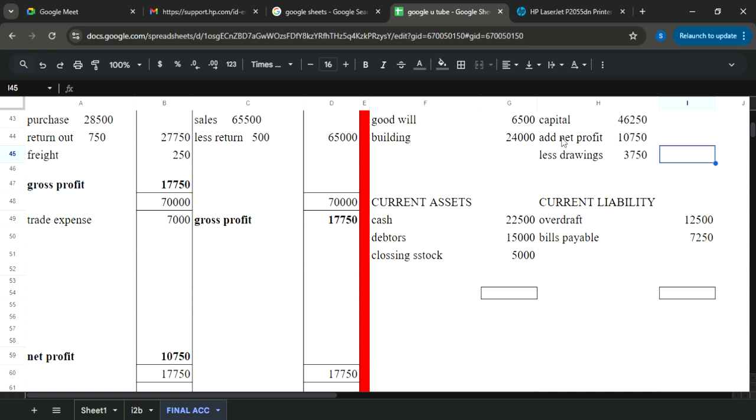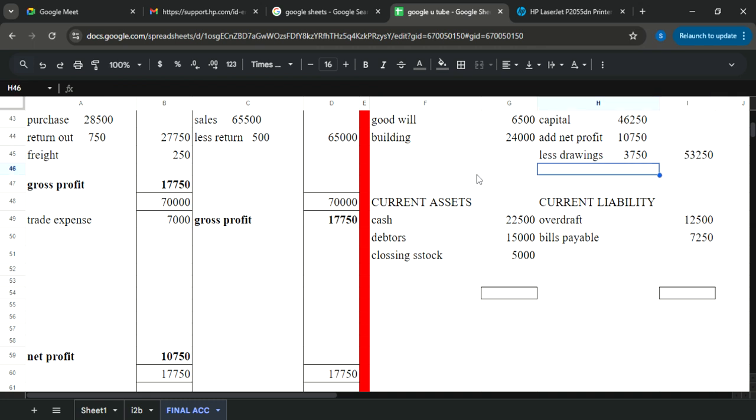Look here. You have to add net profit to capital, and you will subtract drawings. So what we are going to do: 46,250, yes. Then you will add 10,750, okay. And then you will subtract 3,750.